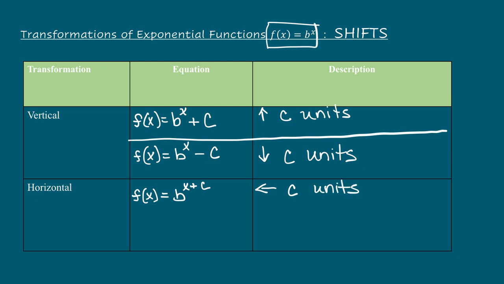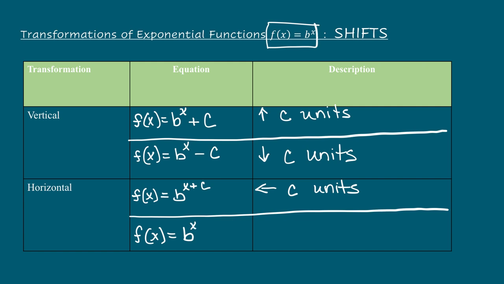It shifts in the opposite direction, you might think. If I want to shift to the right, I will subtract c. So a shift to the right c units would be the exponent minus c.